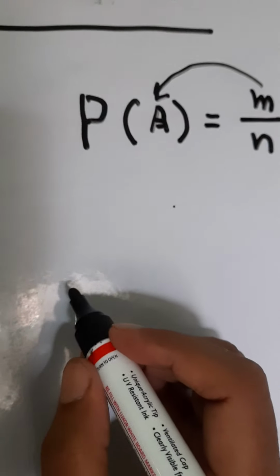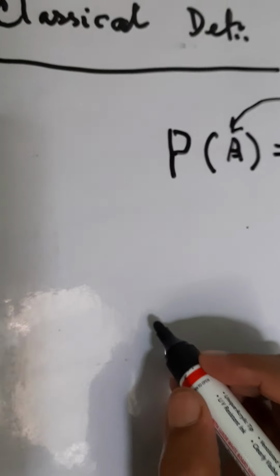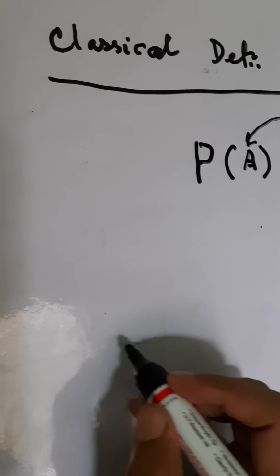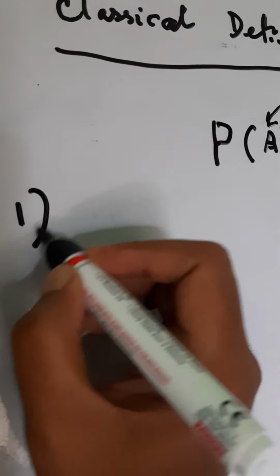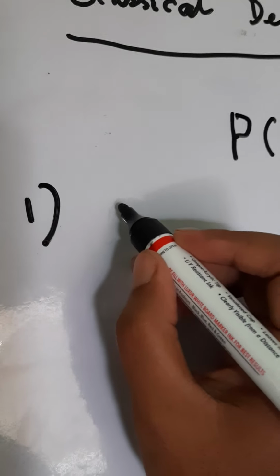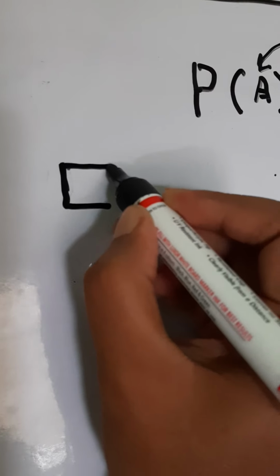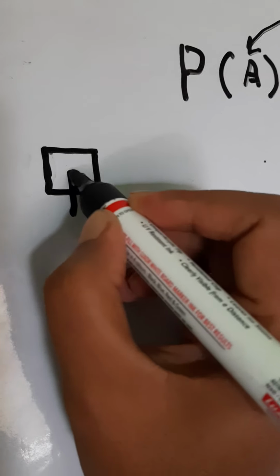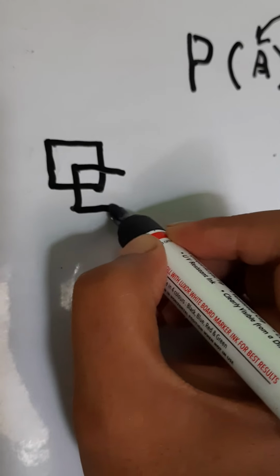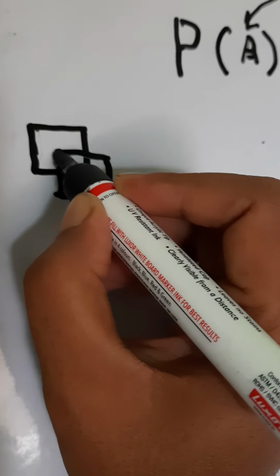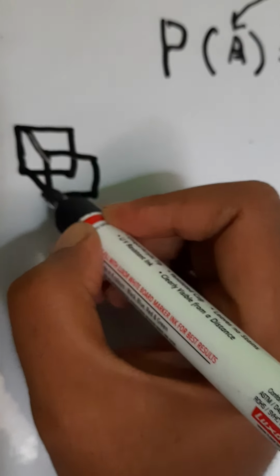Let us define those terms like events, outcomes, random experiment. Number 1, random experiment. A random experiment is just like you can throw a die. The result or the outcome is not known. What will be the result?